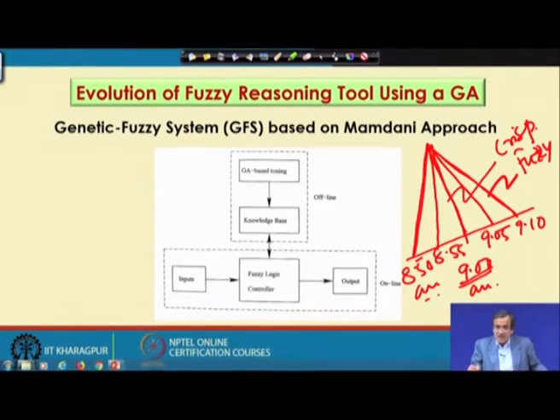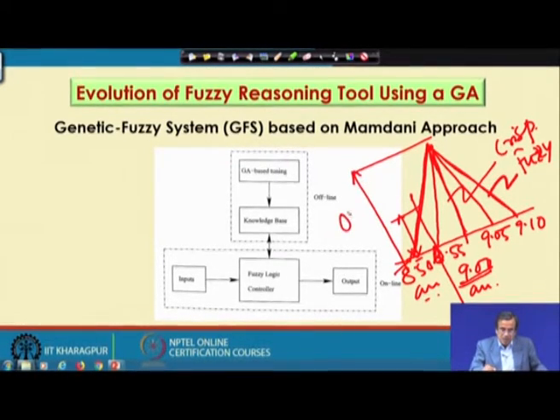In a fuzzy set, if somebody is coming at 8:55, then also we say that he has reached the class at 9 with some membership function value, or the degree of belongingness. The maximum value of this degree of belongingness is 1.0, and that is denoted by mu.